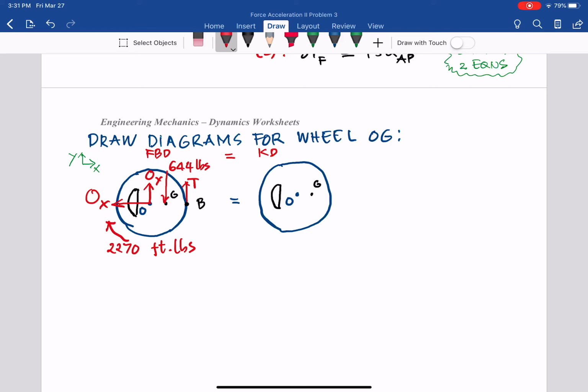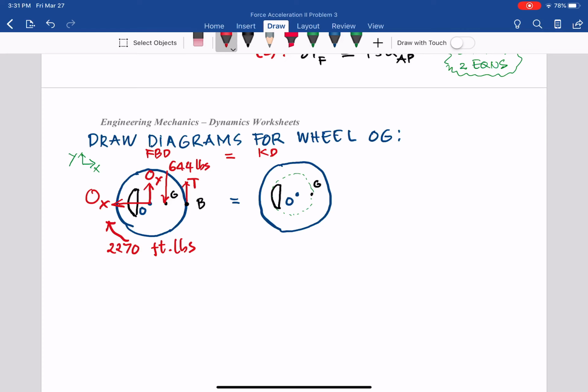Now in the kinetic diagram, all at G, keep that in mind. So you have G, and you can see it rotates around O. So G rotates around here. So they have both components, MAGX and MAGY, because it can go up and down, left and right. See that?